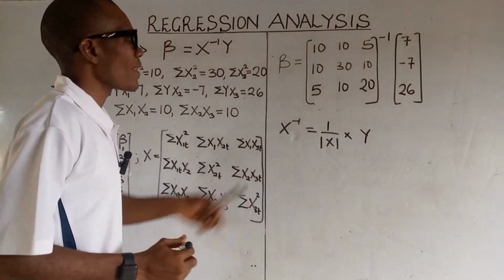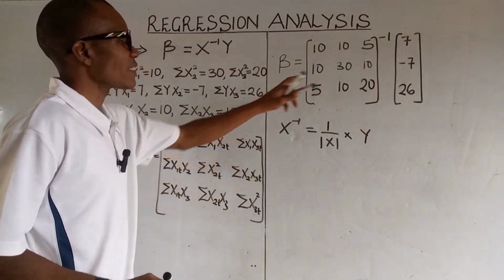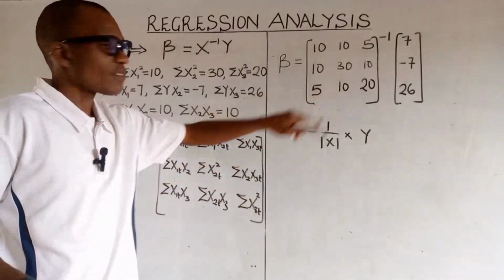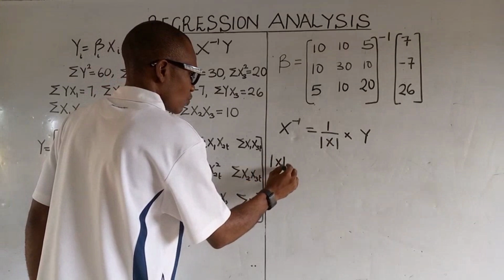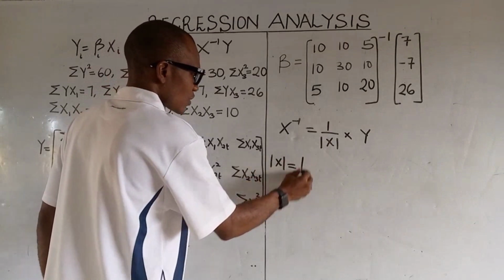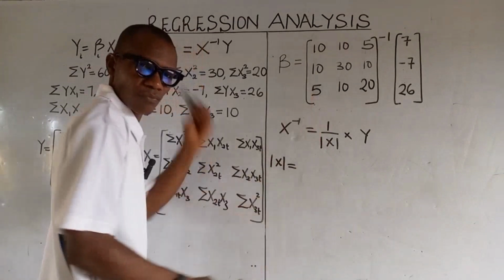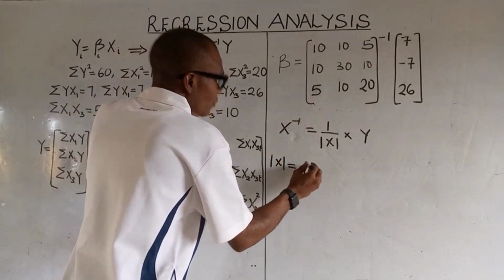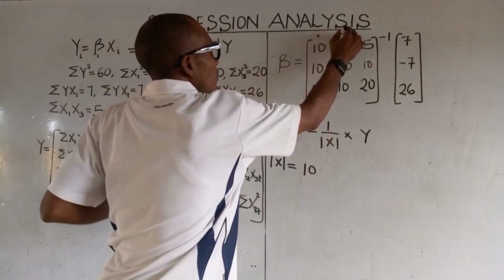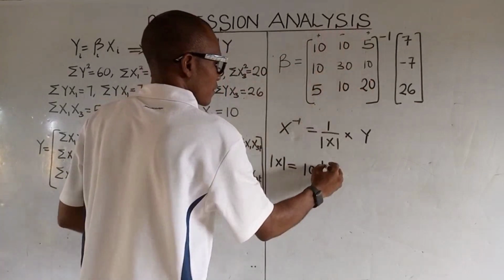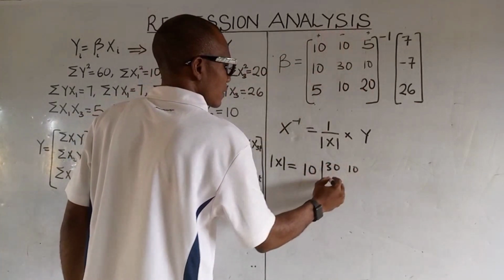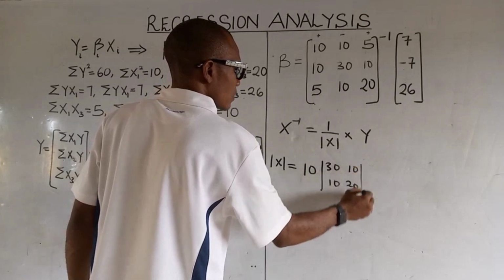It now takes us to matrix. We now find the determinant of this. Finding the determinant of this is quite simple. We just first find the determinant, which is 10. We take this. Remember, plus, minus, plus. 10, we have 30, 10, 10, 20.